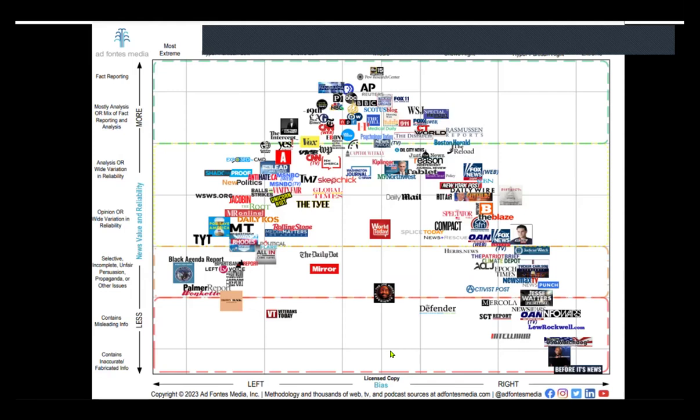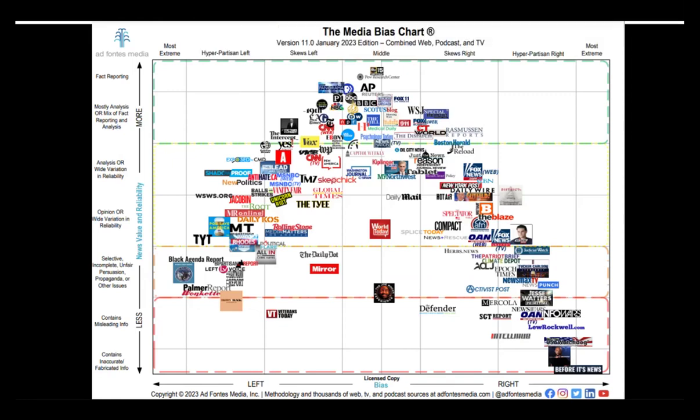So how do you find issues? How do you find out what is accurate and what is not accurate? This chart comes from an organization known as Ad Fontes Media. It is a 501(c)(3), so they are in the education business. They are not proselytizing.